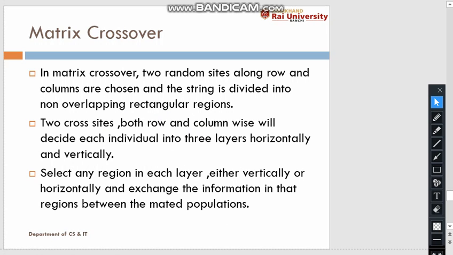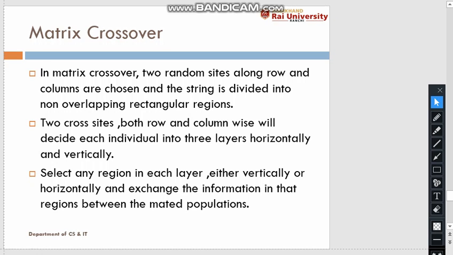Now let's see what happens in the matrix crossover. Here, as we have represented the individuals in the form of a two-dimensional array, two random cross sites along the row and the column are chosen.